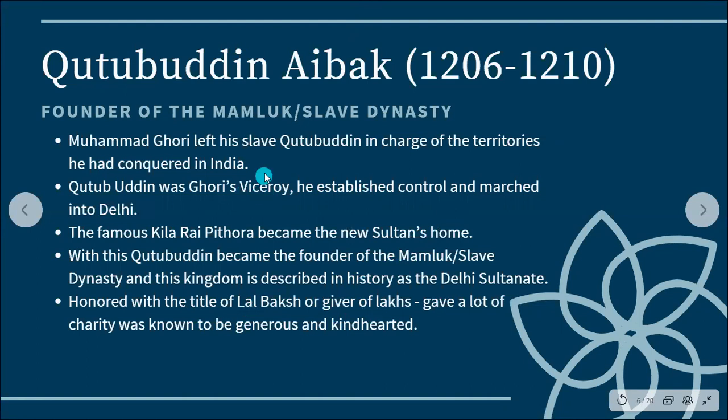Now, Kutubuddin Aibak was given the title of Lakh Baksh, or the giver of lakhs, because he gave a lot to charity and he was known to be very generous and kind-hearted. So he was a very charitable man, and he also laid the foundation of the Delhi Sultanate.